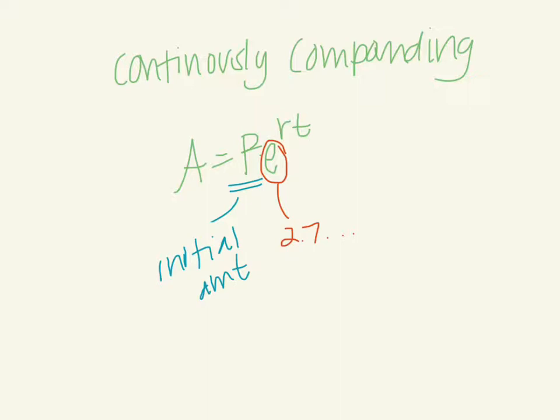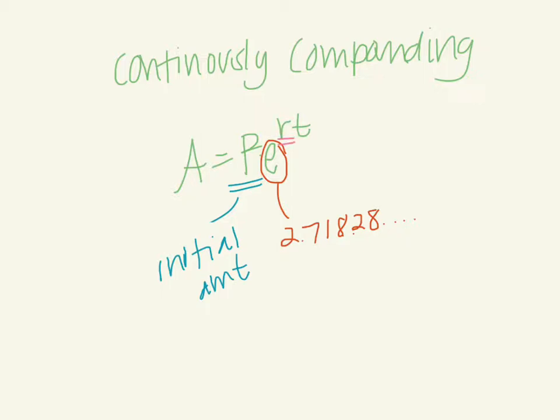On the Inspire it's going to be a little different, but if you need help finding it, let me know. E is 2.71828, and then it keeps on going. But you're never going to need to use the decimal approximation of it. If you need E in the equation, you're going to make the calculator do that for you.